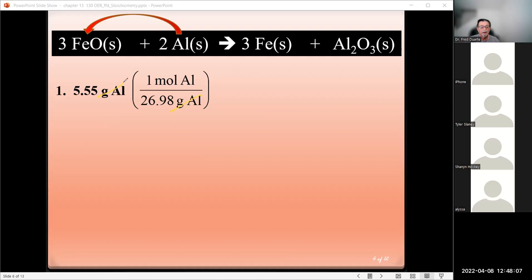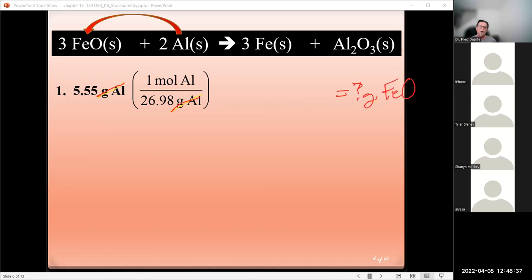I'm checking my units, making sure I set it up properly and that they cancel out properly. If I stop the calculation at this point, the only thing I have is moles of aluminum. Obviously, I've got to get eventually to grams, because way over here, I need to get to grams of iron 2 oxide.